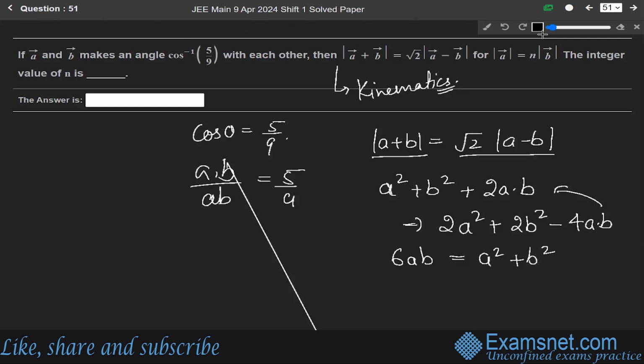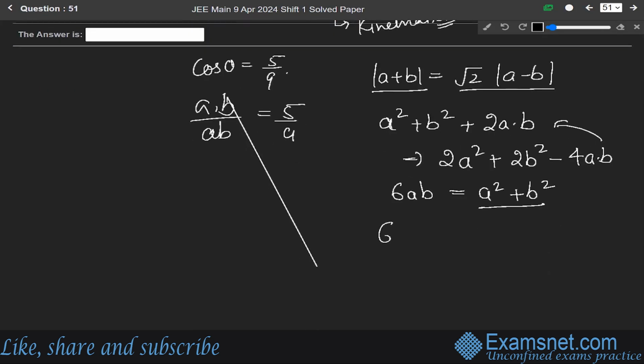So 6 A dot B is equal to A square plus B square, and from here we can write A dot B equals 5 by 9 AB. In place of this we can write 6 times 5 by 9 AB equals A square plus B square.